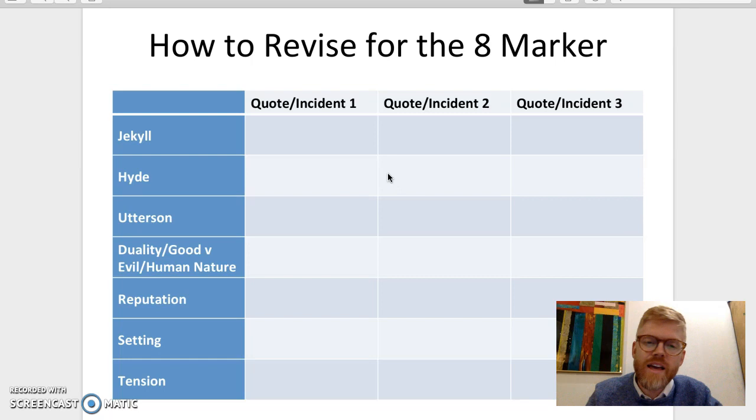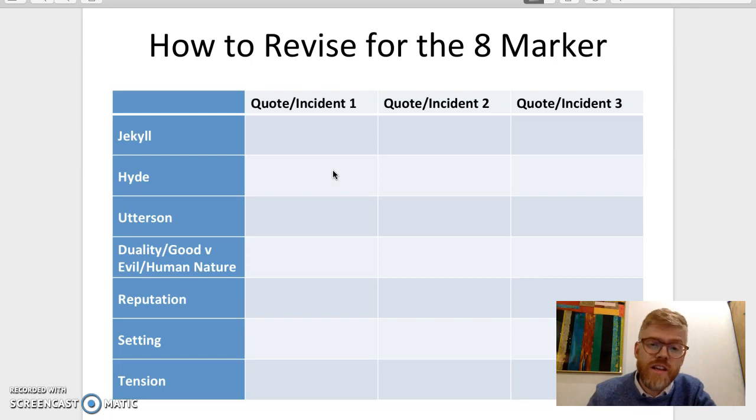But the reason I get my candidates to prepare 3 quotes or 3 key incidents for each of these is because you don't know, you could be unlucky and actually one of your incidents or one of your quotes may be given to you in the extract, in which case you wouldn't be able to use that for the elsewhere in the novella answers. So preparing 3 covers you much more effectively than just the 2.